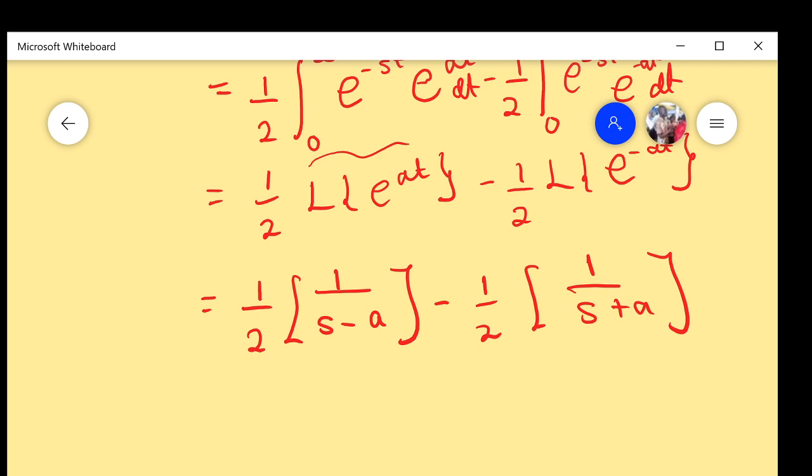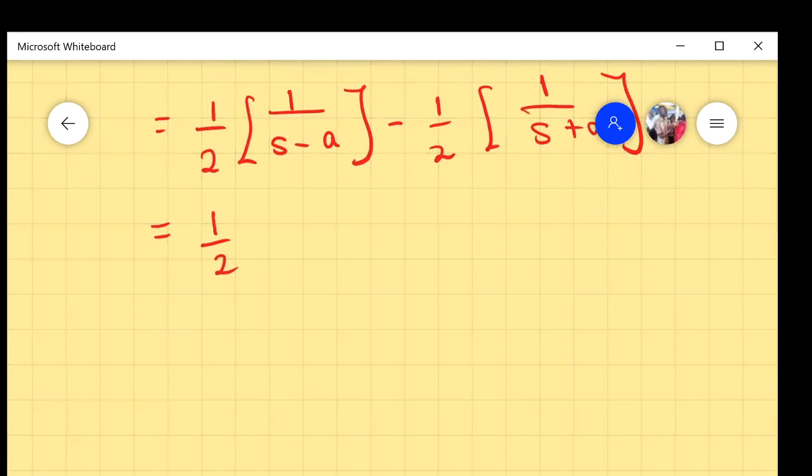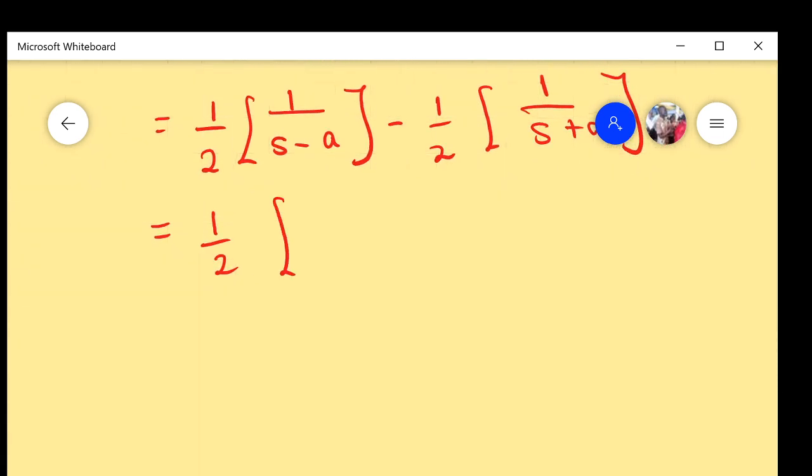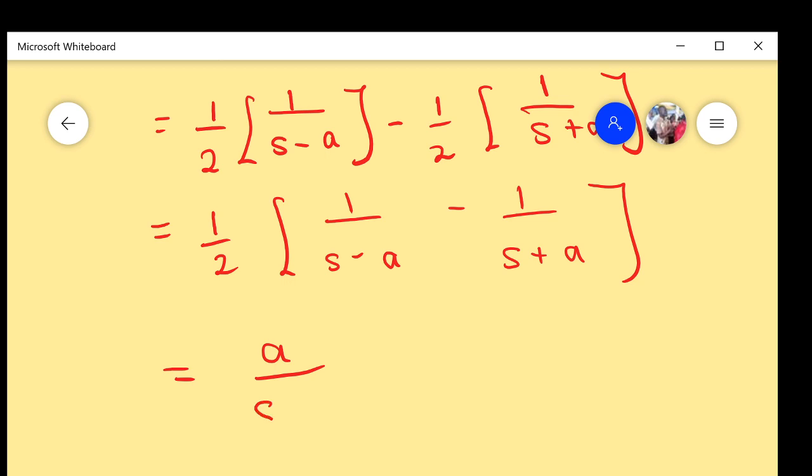So let's solve. We have 1 over 2 times 1 over s minus a minus 1 over s plus a, which is going to be equal to a over s squared minus a squared, for s greater than a.